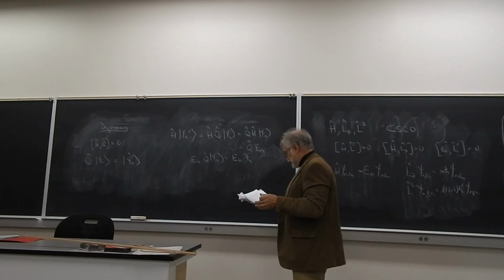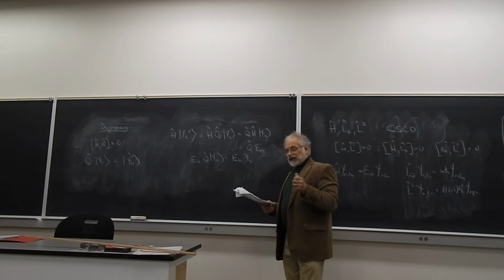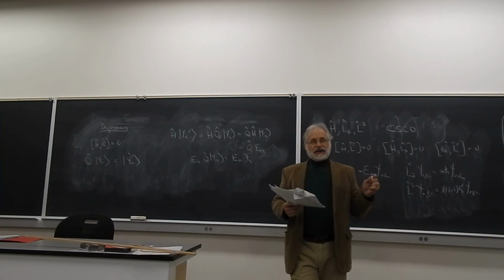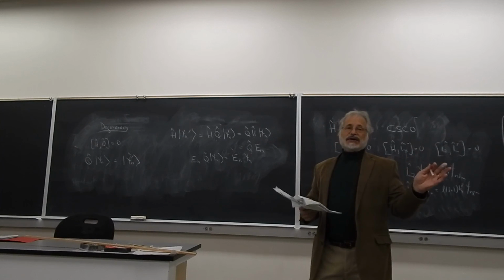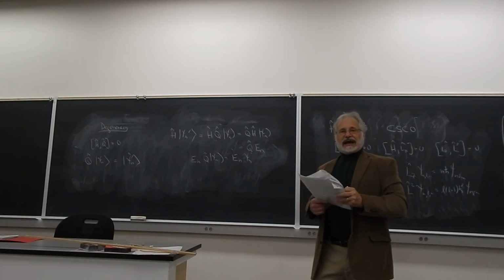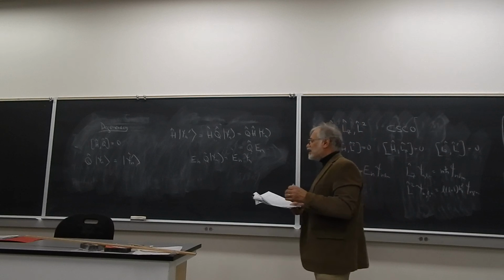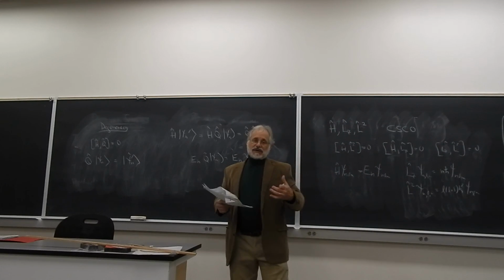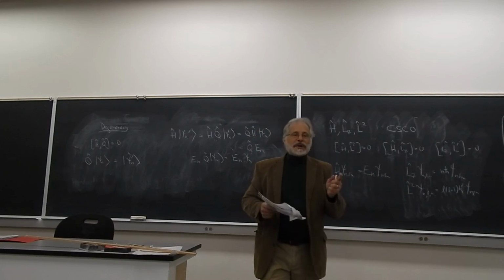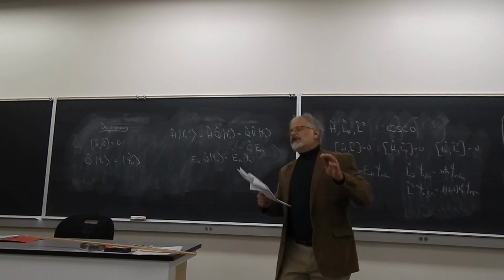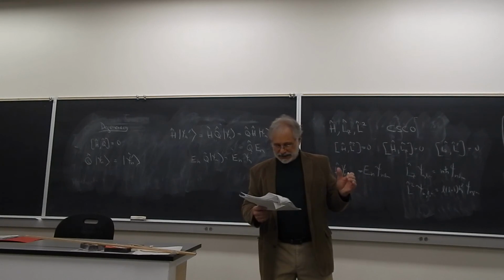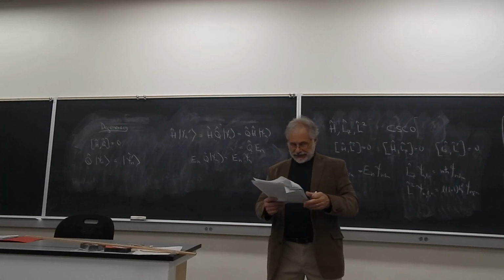On the other hand, if there's only one operator that commutes with the Hamiltonian, let's call it Q, you're not going to get degeneracy. However, if you have two operators, both of which commute with the Hamiltonian but don't commute with each other, then you absolutely will get degenerate states. It's inevitable.